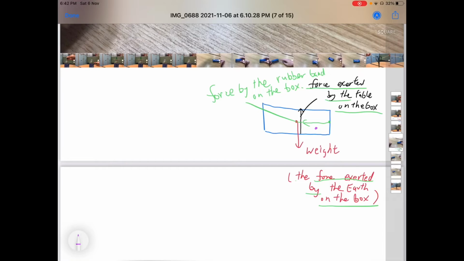However, what should the length of the arrow be in order to make the object remain at rest? It should be the same length as the green arrow so that these forces can be balanced. Is it okay? And this is the force by a person, actually me, on the box.